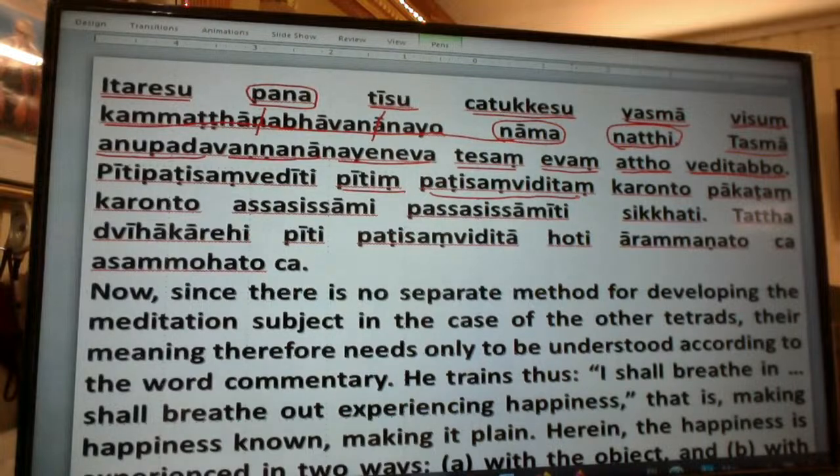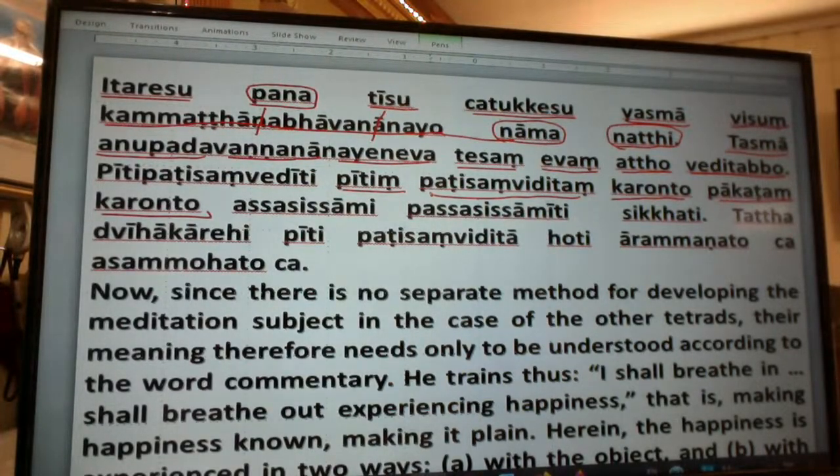Pati samvedita: pati separately, san is well, vidita is knowing. Pati Sanvidita Karondo. Karondo is make. The meaning of Pati Sanvidita Karondo is difficult to understand.